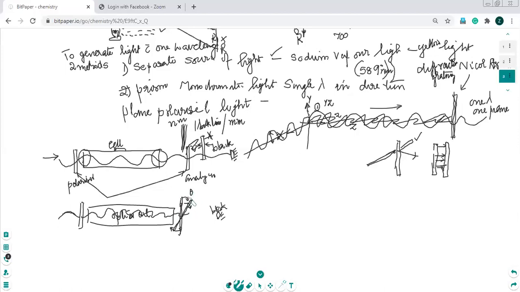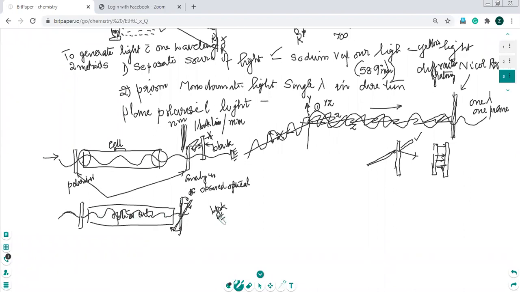This angle is known as the observed optical rotation. Now remove this tube, remove the optically active compound, add water again, and keep it here.